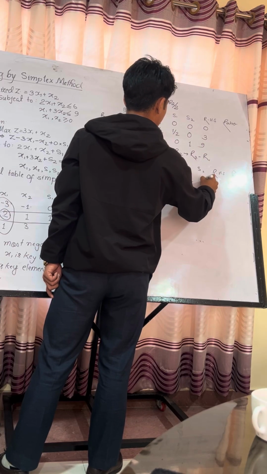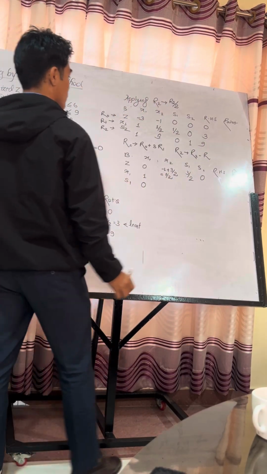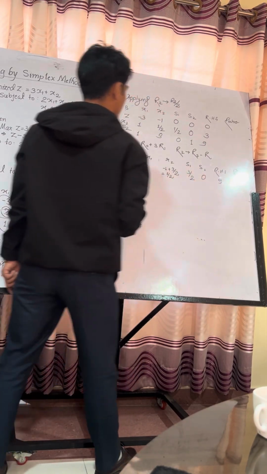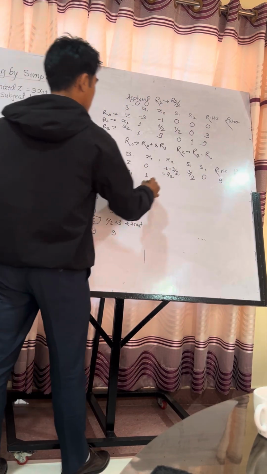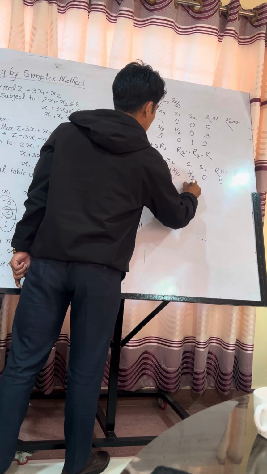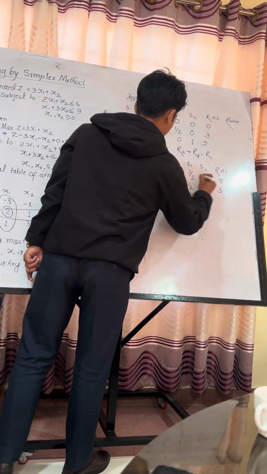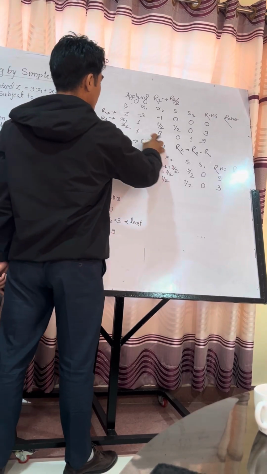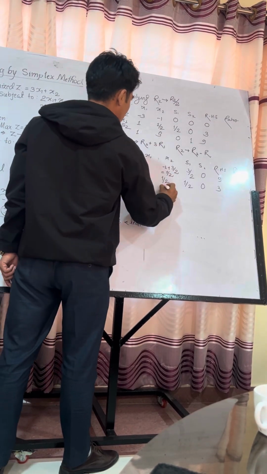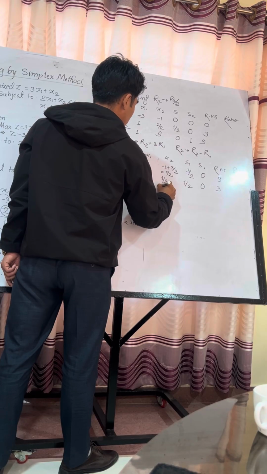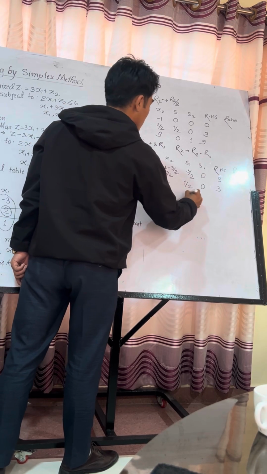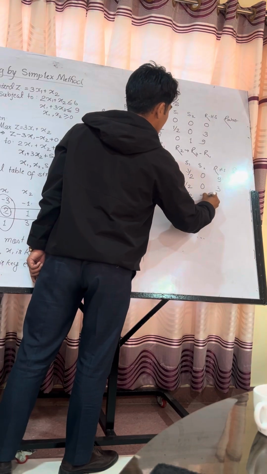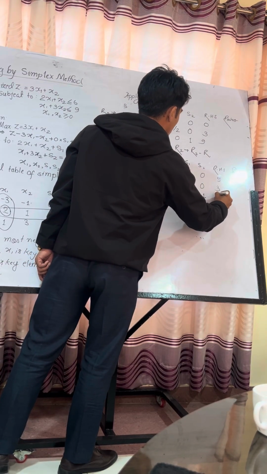Similarly, this will be 0. Now the right hand side will be 3 times 3, which is 9. The x1 row remains as it is: 1, 1 by 2, 1 by 2, 0 and 3. Then for R2 we get 0, 3 minus 1 by 2, which is 5 by 2, then minus 1 by 2, 1, and 9 minus 3 equals 6.